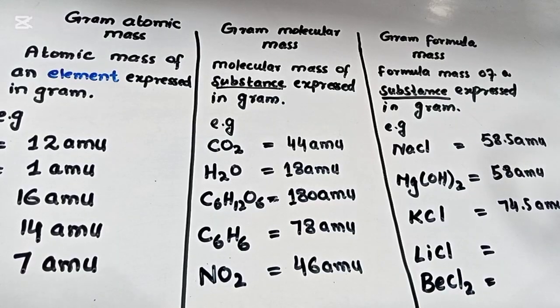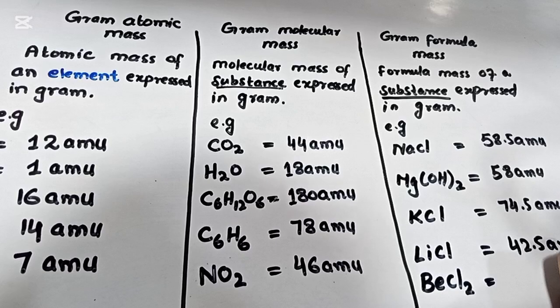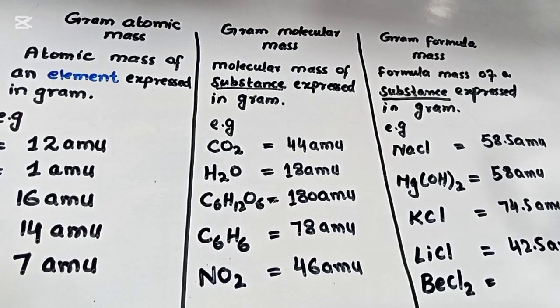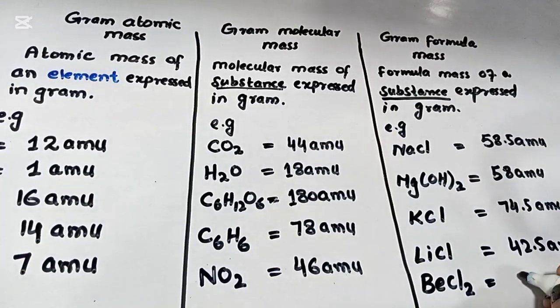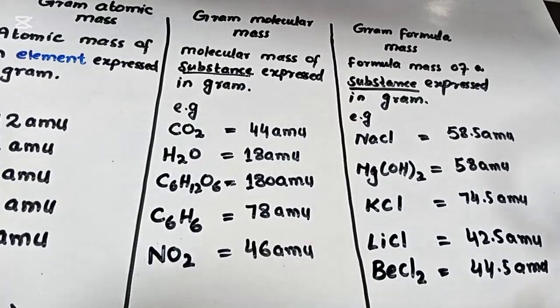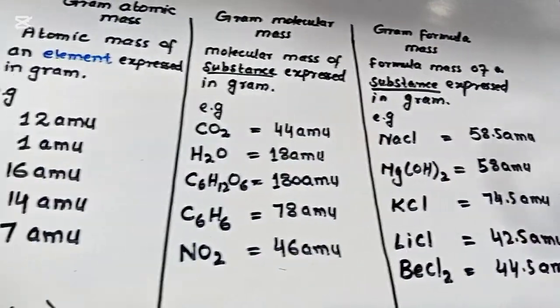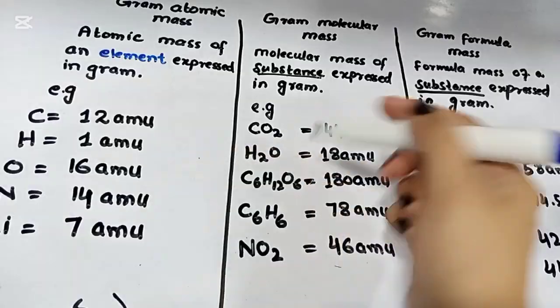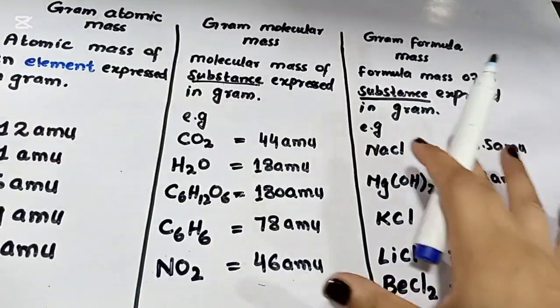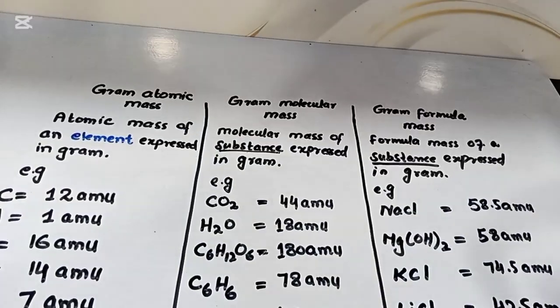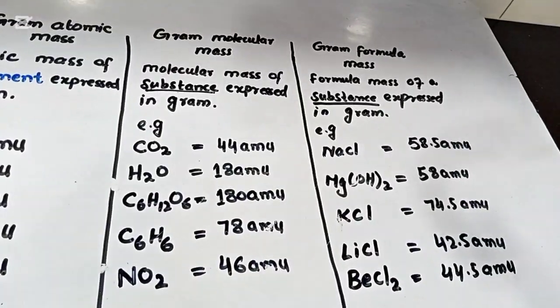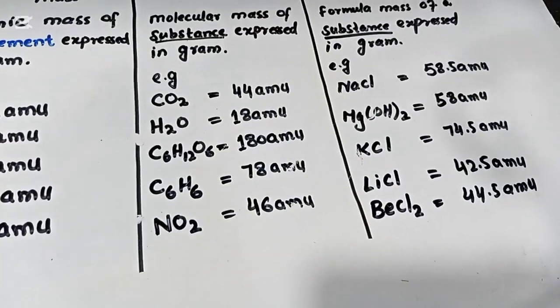For lithium chloride, LiCl, it will be 42.5 AMU, and for barium chloride, the barium and chloride ions together give the value of 44.5 AMU. In all these cases we are using the AMU unit, but if you are using gram atomic mass, gram molecular mass, and gram formula mass, then you should write the unit gram instead of AMU.